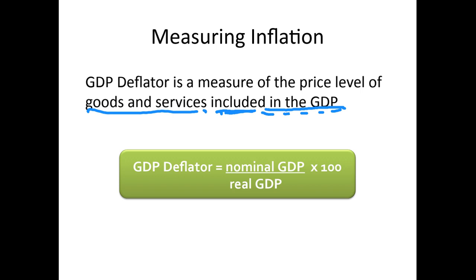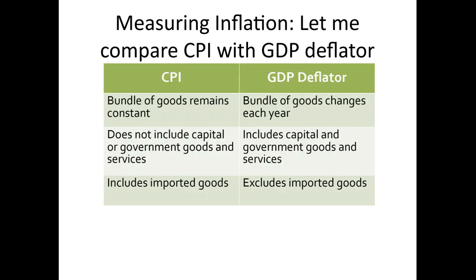So let's just compare these two indices. I'm now comparing CPI with GDP deflator, and these are the three important differences that you should know. So in CPI, the bundle of goods remains constant. I told you when I was discussing consumer price index that we have a fixed market basket.